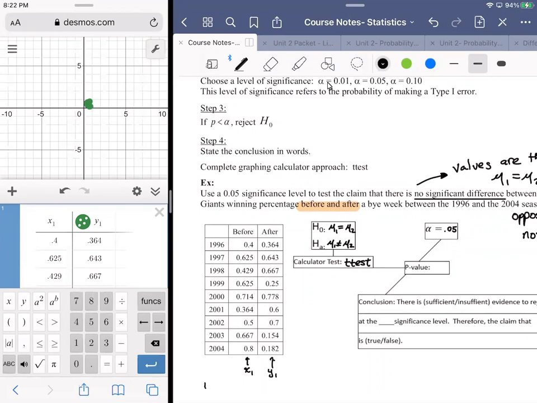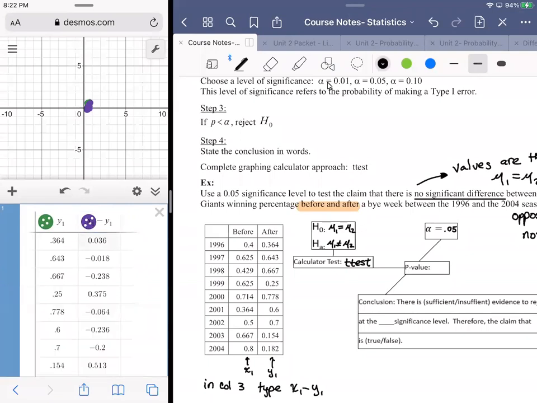And in column 3, and some people like to do this on Excel or Google Sheets, it works just fine there too, type X1 minus Y1. And it'll find the difference between all those values.